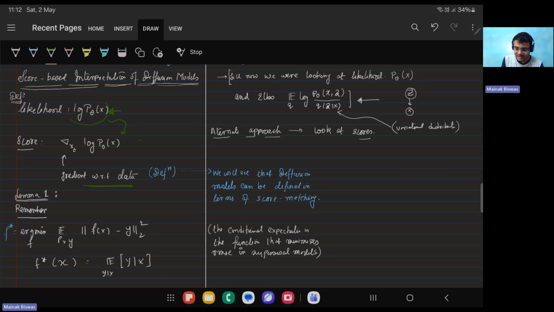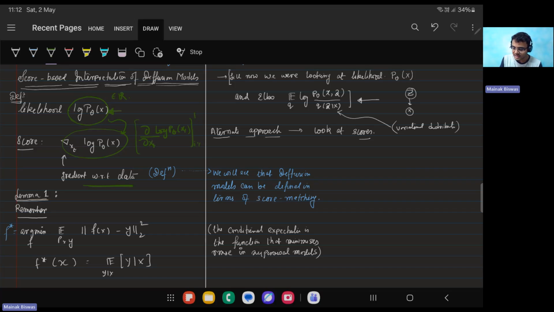You will agree that likelihood is a real number. And when you take the derivative of a real number with respect to a vector, you get the gradient, the gradient of log p theta of xt with respect to xt. So it's a scalar, and you take the gradient with all the components from i equal to 1 to the dimension of data.